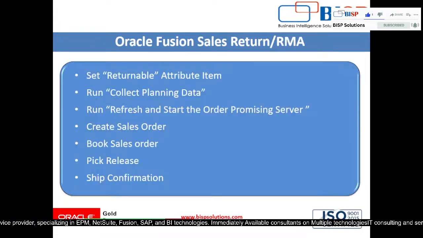You can see here: run collect planning data, run refresh and start the order promising server. Whenever you create any inventory item, inventory, or sub inventory, we have to perform this ESS job, so that our inventory organization, inventory application and the order application get mapped and synchronized, right?